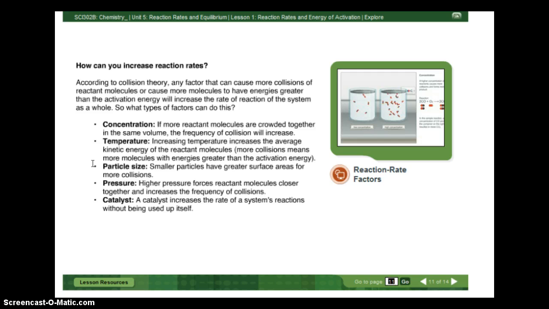Smaller particles have greater surface area for more collisions. Number 4, pressure. Higher pressure forces reactant molecules closer together and increases the frequency of collision. Number 5, a catalyst. A catalyst is a certain chemical, and it increases the rate of a system's reaction without being used up itself.